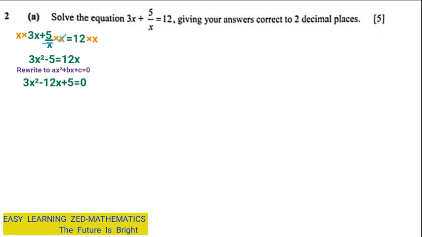Okay, once I've done that, now I'm going to find the value of x in this quadratic equation. So I'm going to use the formula we use to find the value of x in a quadratic equation.